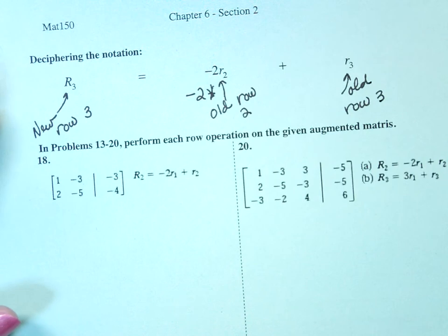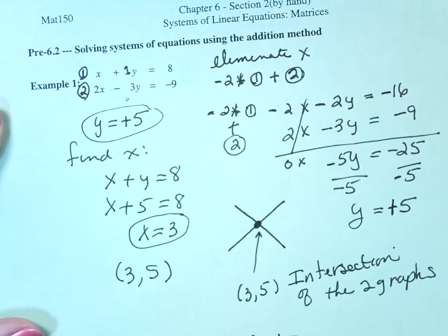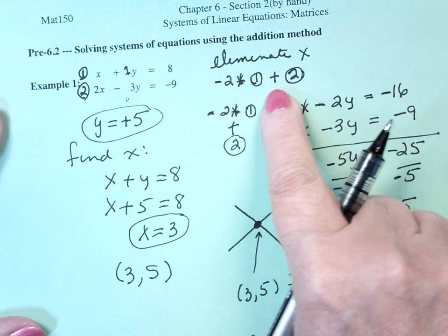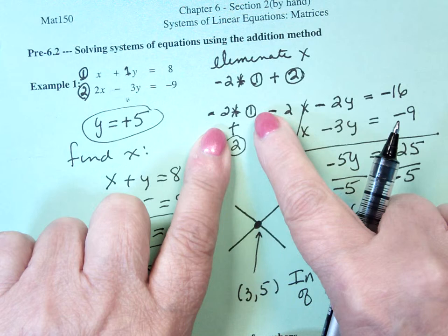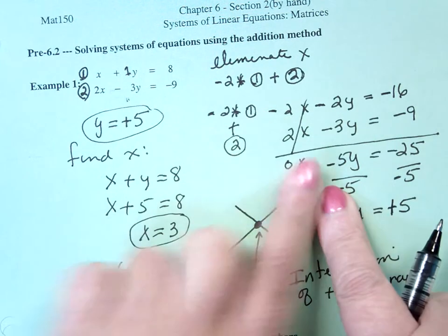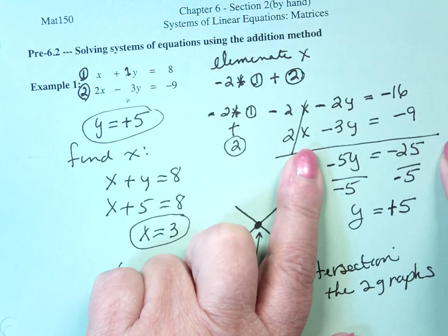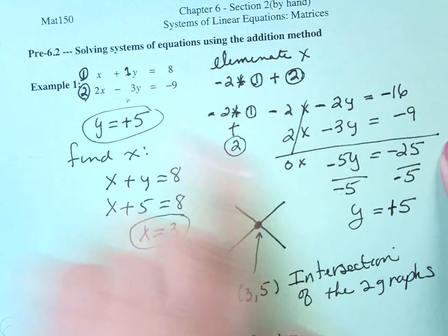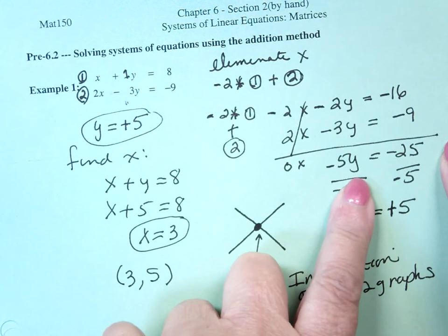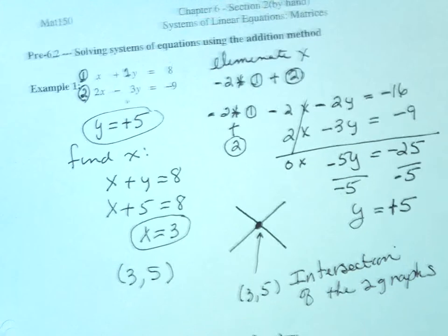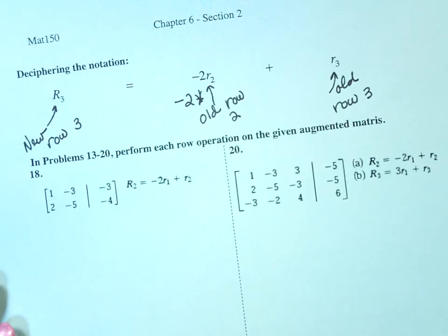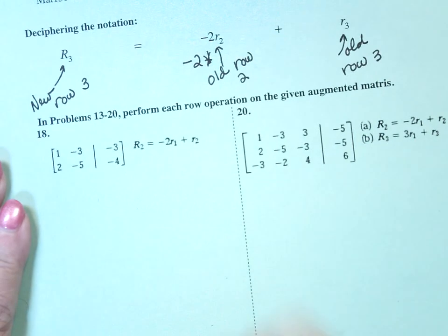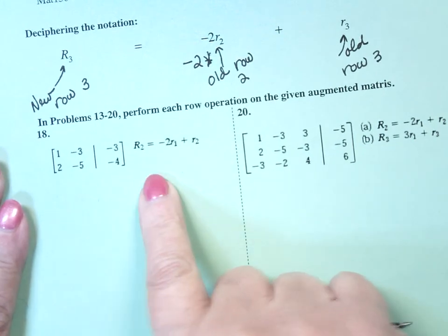Now, I did create something when I worked this problem. I took negative 2 times row 1, added it to row 2. I got something new, which I used to solve the equation. So this would be a new row. So this tells me what they want me to do. They want me to create a new matrix.